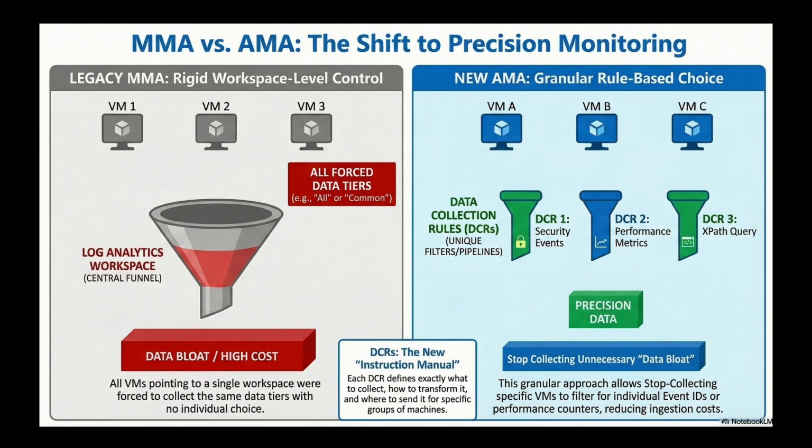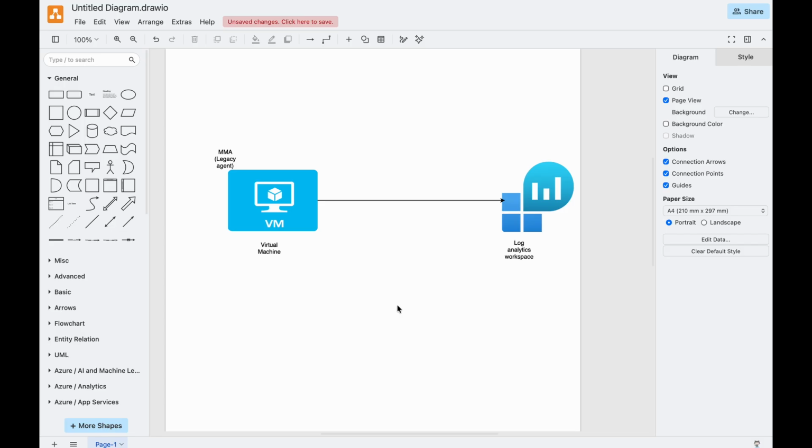And now before understanding how we would create it, let's see some illustration from Azure. So what the issue with the existing agent was that we had the Log Analytics workspace and the virtual machine. And earlier how it worked was that we had the rules for what we want to collect from the virtual machine directly in the workspace. So suppose if I wanted to collect the performance metrics or the IIS log, we would have to configure it directly in the workspace.